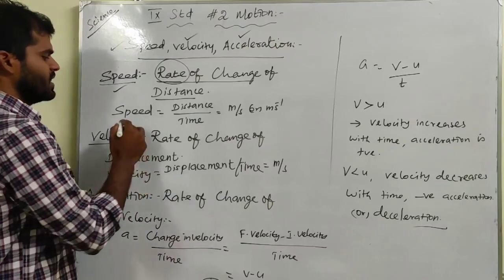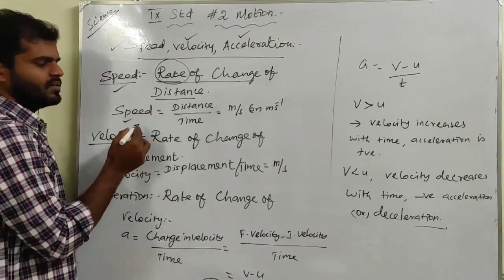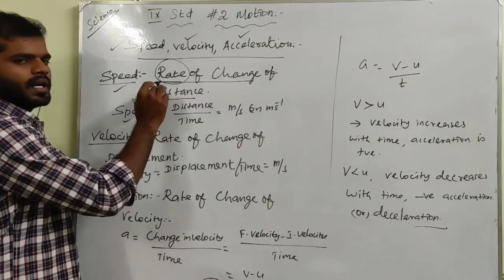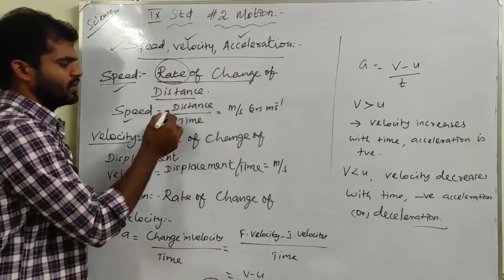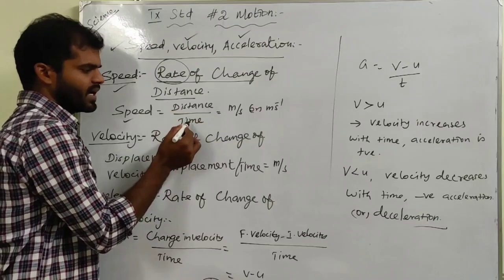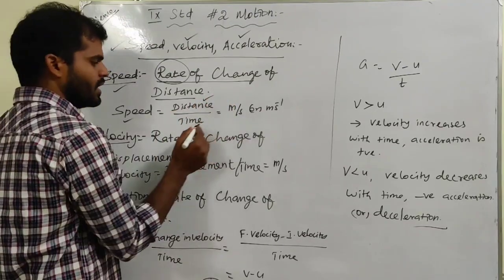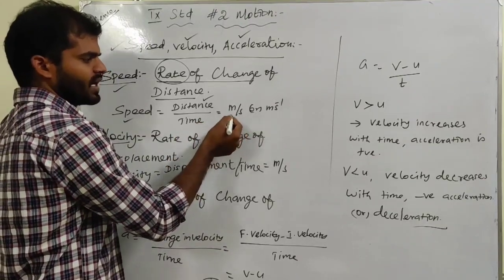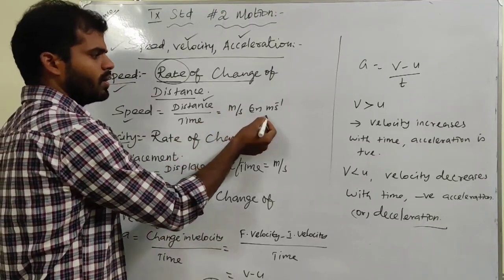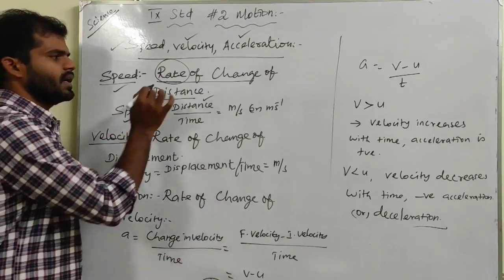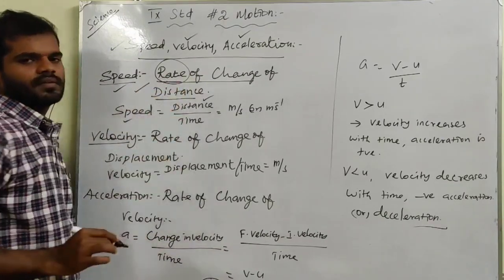So how can we write a mathematical form, that is speed is equal to distance by time. That's why we have rate of change of distance. So that can be written as distance by time. Distance can be measured, the unit that is meter, time unit is second. I can write meter per second or meter second power minus 1. So speed is nothing but rate of change of distance, right?